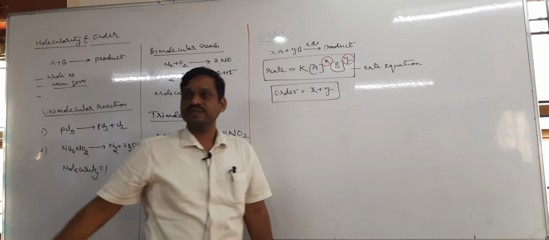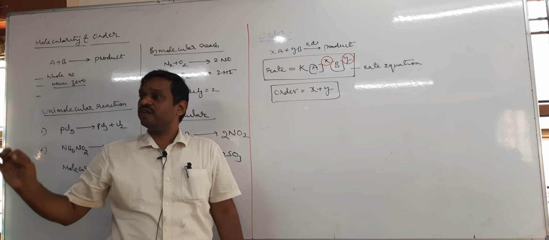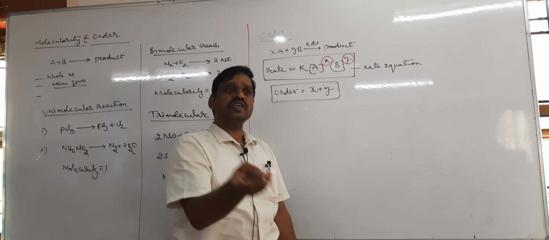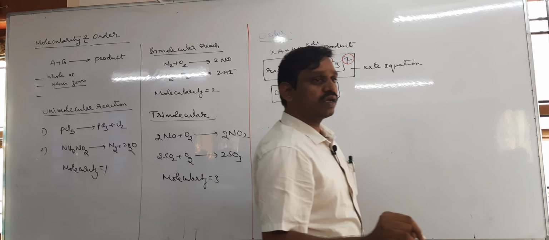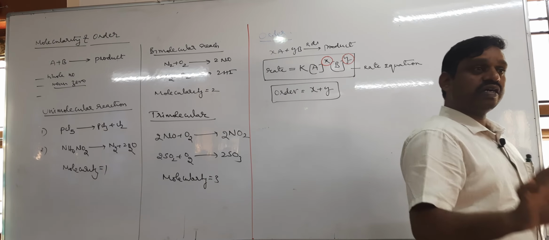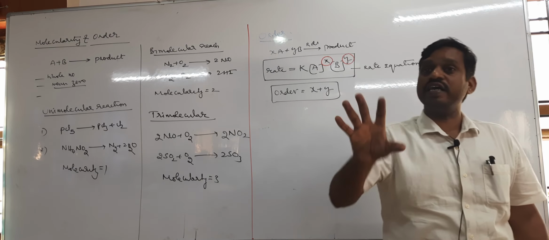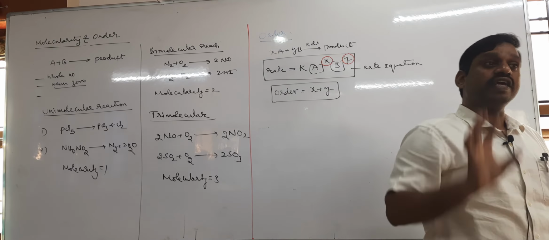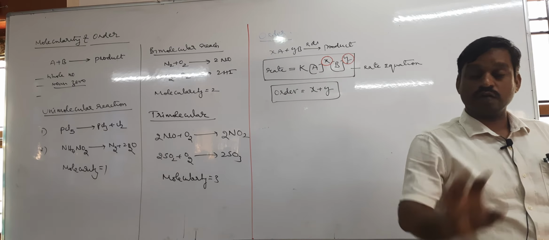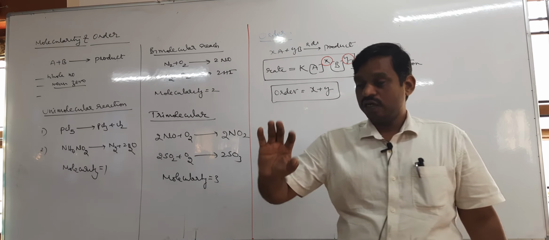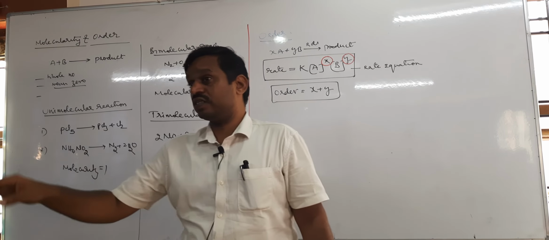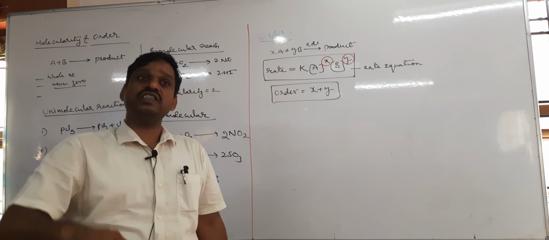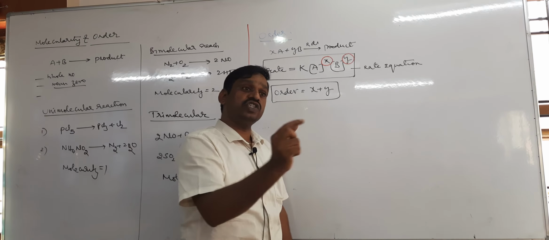See the difference: molecularity says how many molecules are present in the RDS, whereas order says how many reactant molecules are changing their concentration.